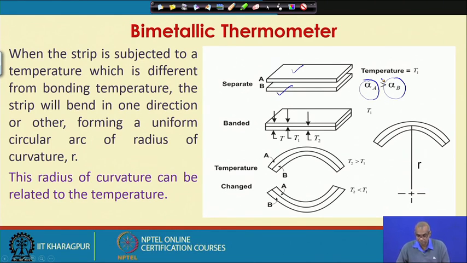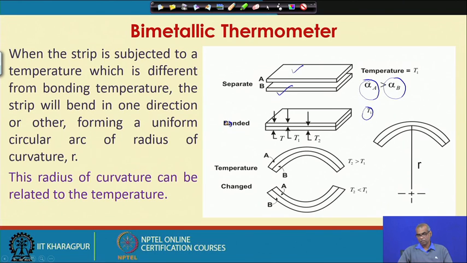Now, these two metallic strips let us say are bonded at temperature T1. So, this is bonded. Let us say they are welded at temperature T1. Now, I take this bimetallic strip to a temperature source which is different from the bonding temperature T1.